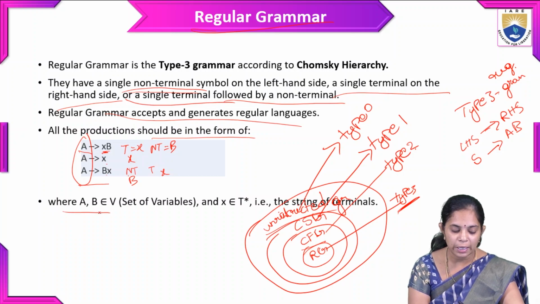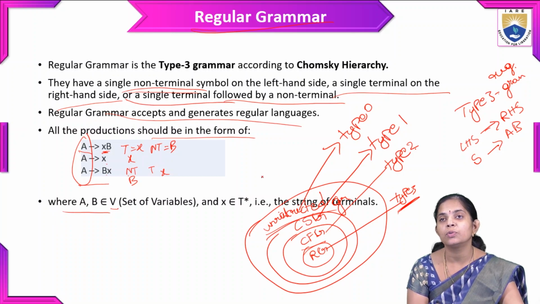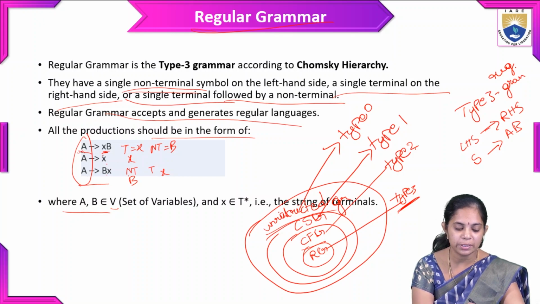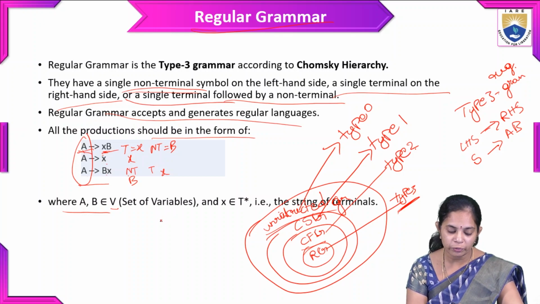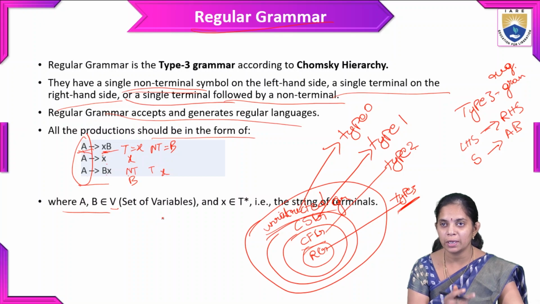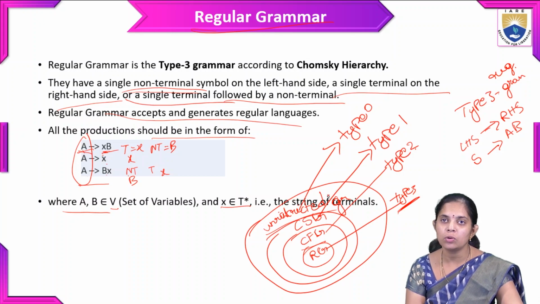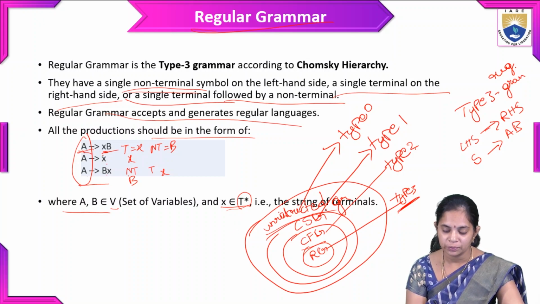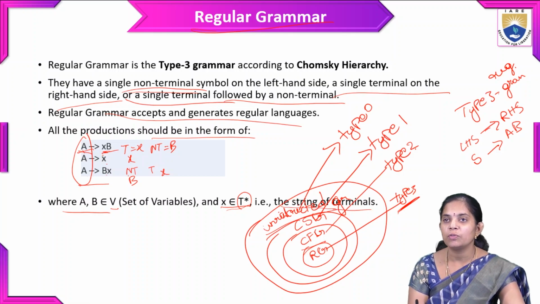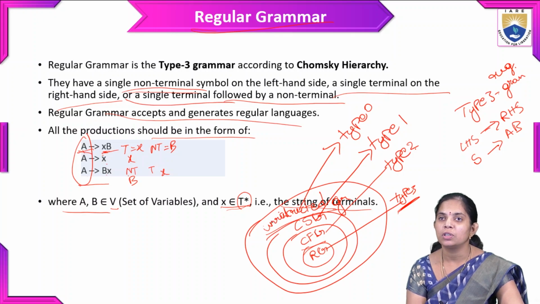Here A and B belong to capital V, which is the set of non-terminals, the set of variables. X belongs to the terminals, and it can be repeated multiple times, like xxs, forming a string of terminals, which we represent with t.